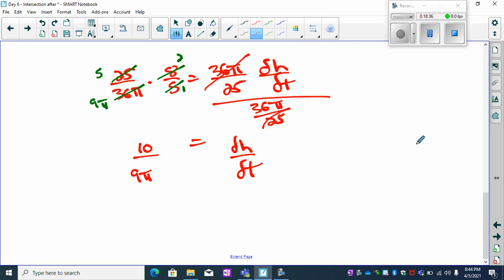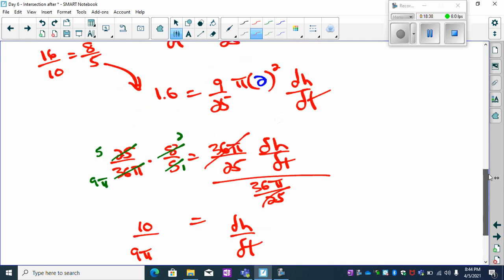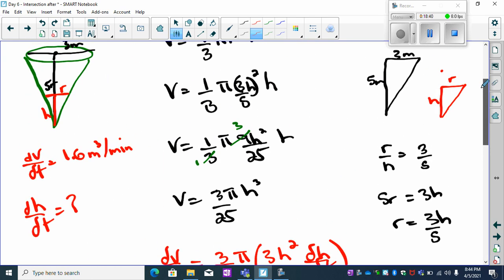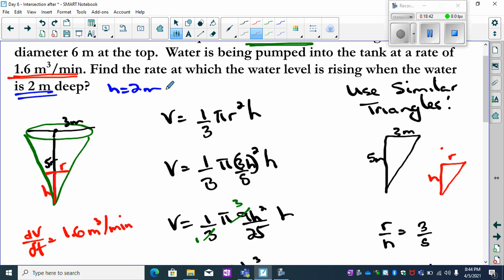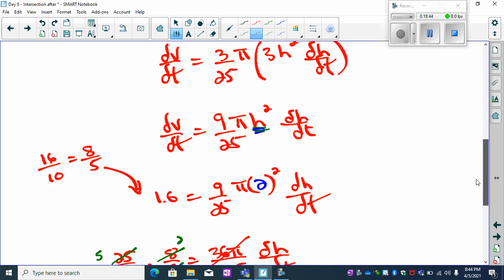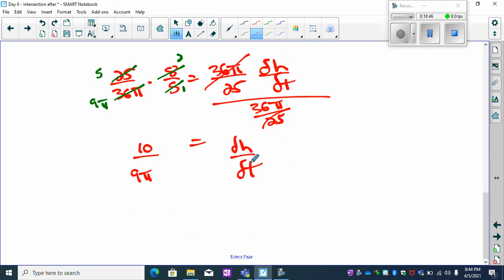Now let's think about this for a second. H would be measured in linear units, the height. So it'd be meters if it were just height, but since it's dH over dt, it's got to be meters per minute.